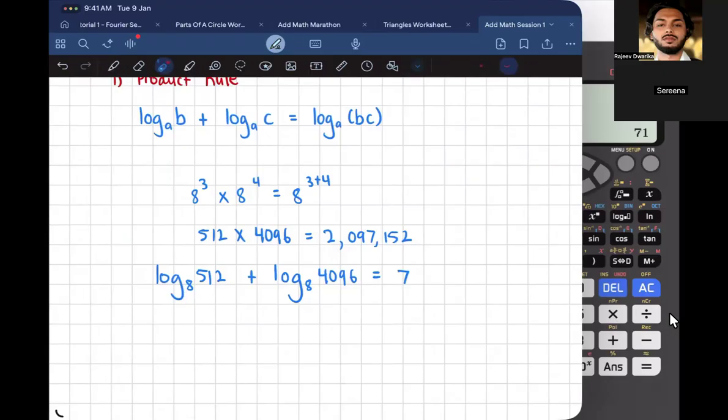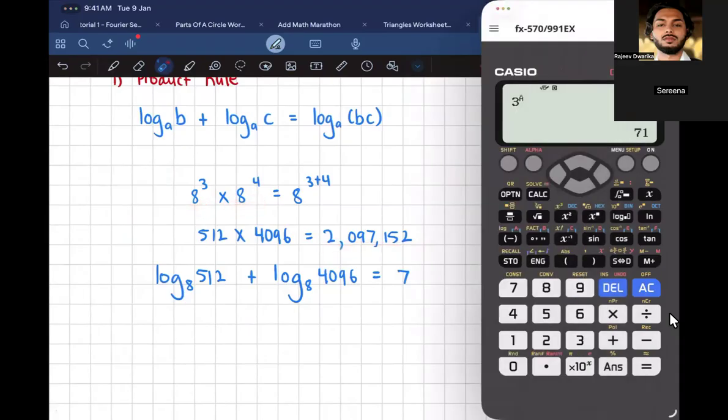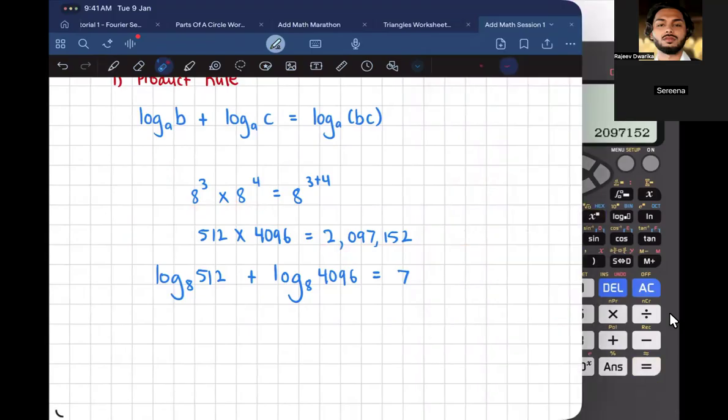If I multiplied 8 to the power 3 by 8 to the power 4, I'd get 2,097,152. Isn't that the same thing as 8 to the power 7? Yes, sir. Let me just verify that. 8 to the power 7. It is. And then I could write 7 as log base 8.